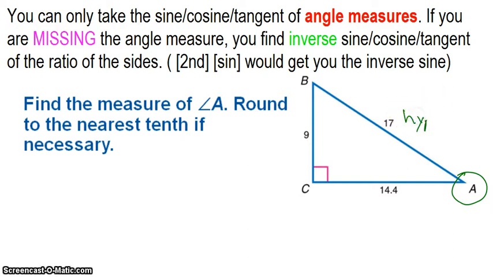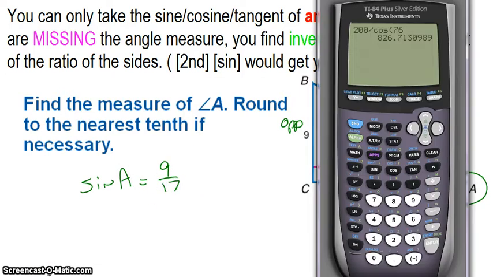I'm just going to go with the two that don't have a decimal. So the one that deals with opposite and hypotenuse is sine.